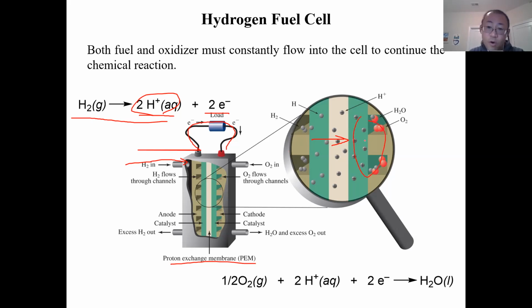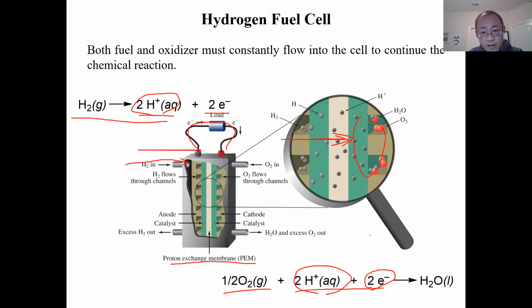To the cathode. Why does it need to go to the cathode? Because at the cathode, when oxygen gains those 2 electrons, it also needs to combine with the hydrogen ions from the anode. That's why the hydrogen ion needs to diffuse from the anode to the cathode, so that the oxygen has something to bind with.